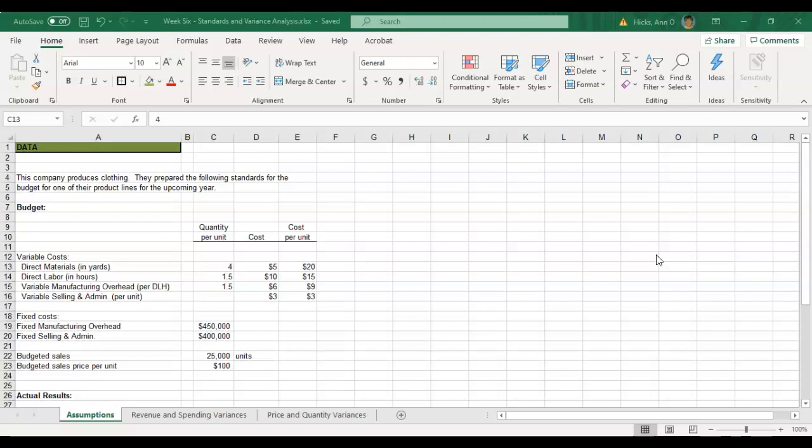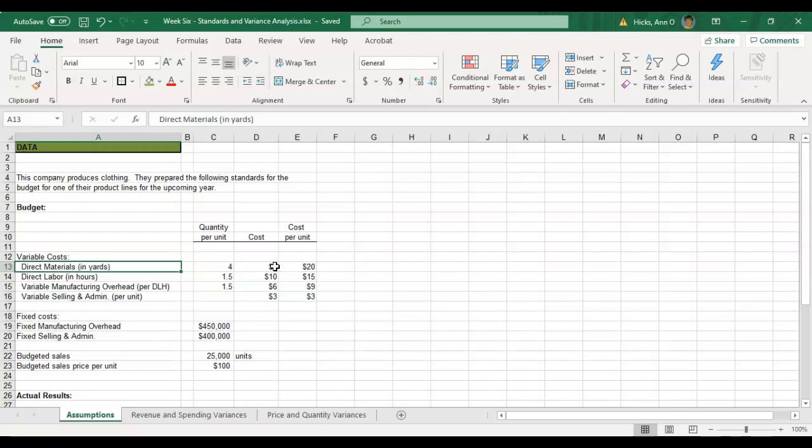You may remember when we were talking last week, or in the video I put out last week, that when we looked at the spending variances for our costs, I indicated that where that spending variance would indicate that we were off budget because we spent, let's say, a different amount for direct materials than we had budgeted, I alluded to the fact that there might be multiple factors contributing to that variance. And that's what we want to address this week.